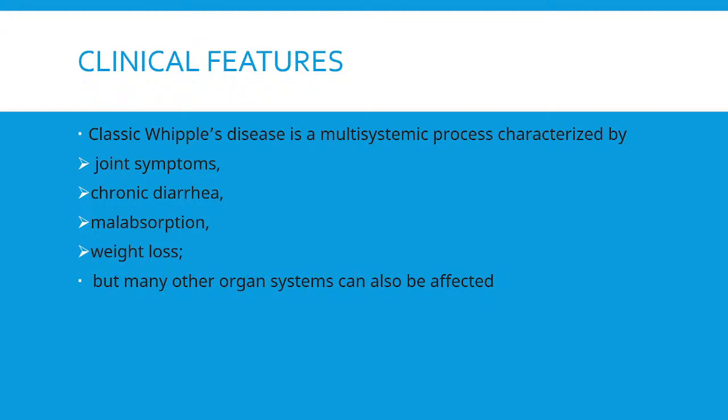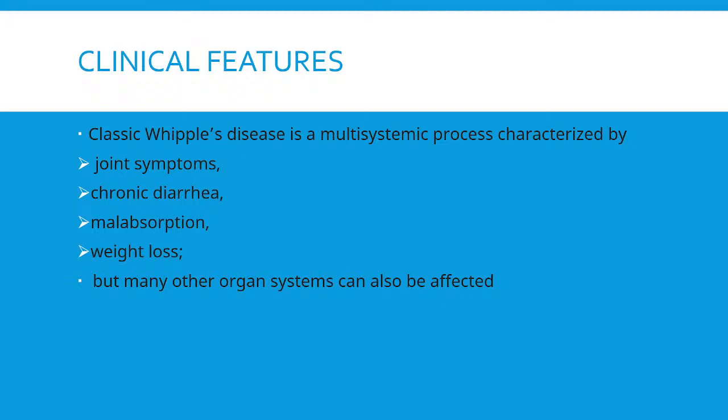What other organ systems are affected in Whipple's? Anyone? We have seen celiac disease. We have seen tropical sprue. Basically, all the symptoms are limited to the GI tract. No extraintestinal manifestations are there.